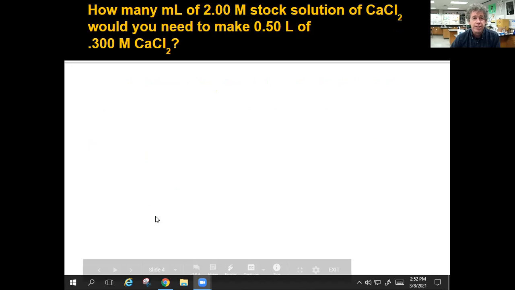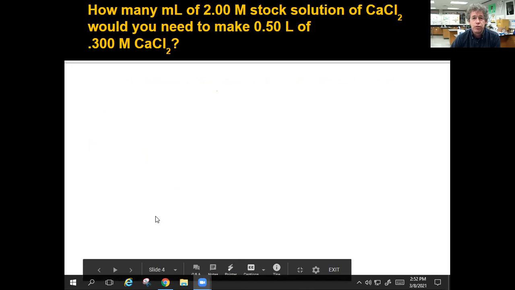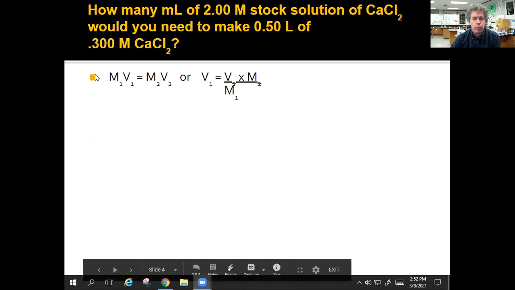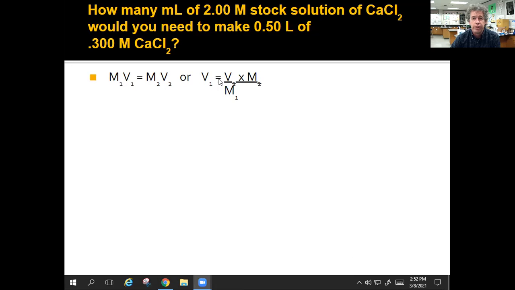One problem could be this. How many milliliters of 2.00 molar stock solution of CaCl2 would you need to make 0.50 liters of 0.300 molar CaCl2? Well, we have M1V1 equals M2V2, and therefore, if we divide both sides by M1, V1 equals V2 times M2 over M1.